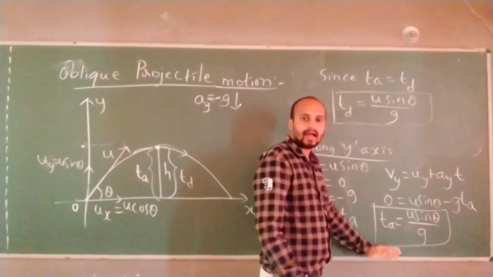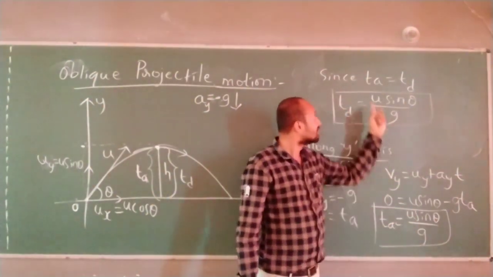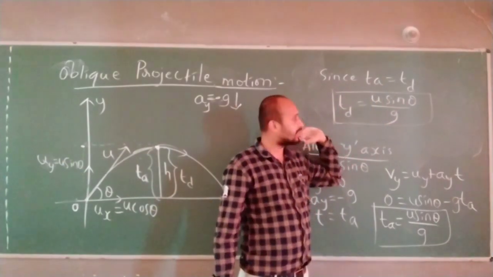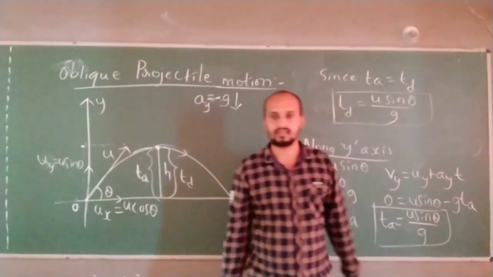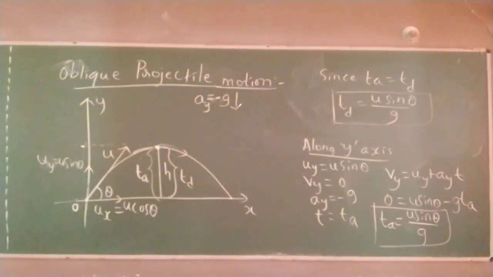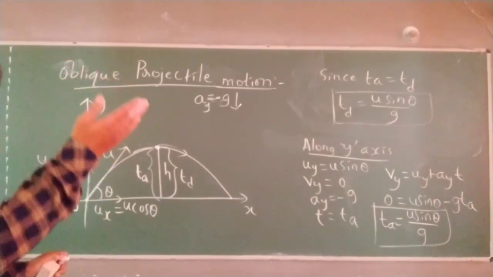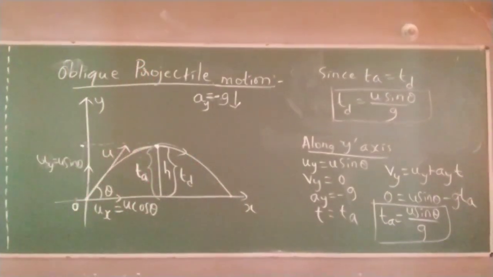Total time of flight will be this plus this. TA plus TD is the total time of flight, which will be u sin theta by g plus u sin theta by g. That is 2u sin theta by g. This is about the time of ascent, the time taken by the particle to reach maximum height. I have found it. Next we will go to maximum height.